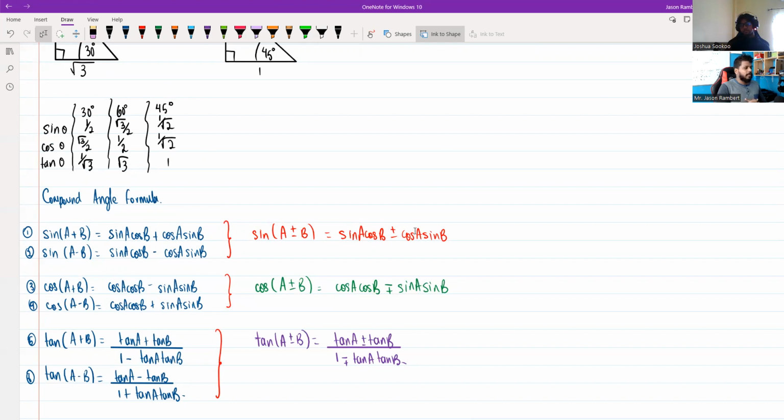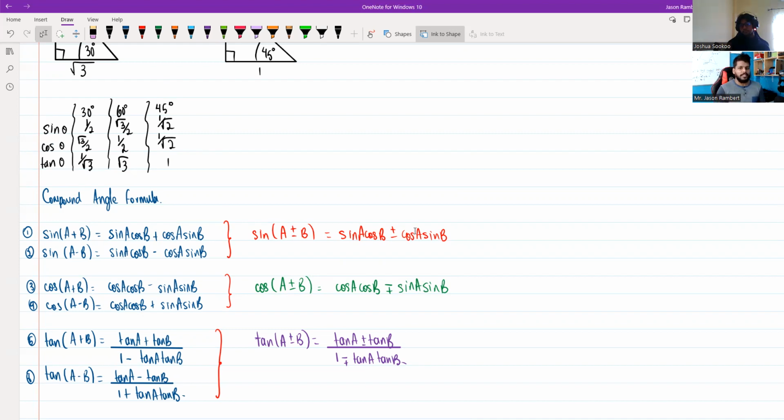Now, when I plug in A, let me say A is 100 and B is 20. For sine of A plus B, I'll have sine of 100 cos of 20 plus cos of 100 sine of 20. Yeah? You see nothing in mind. But I don't know what sine of 100 is rationally.